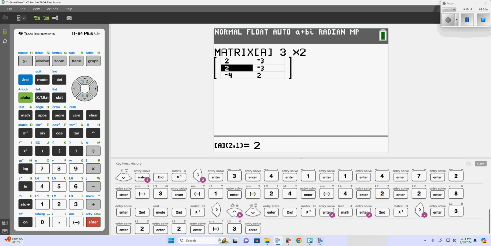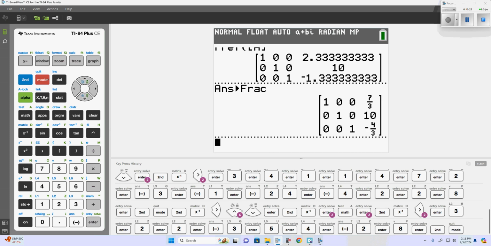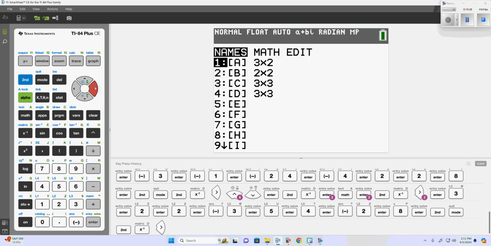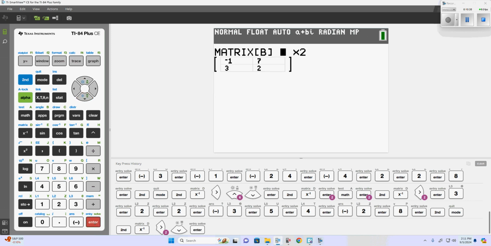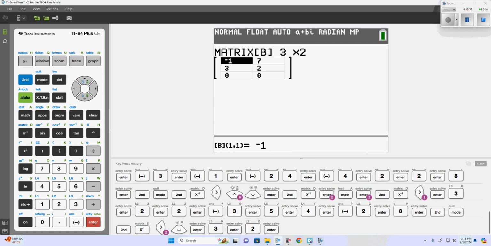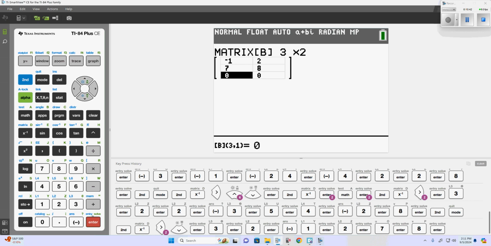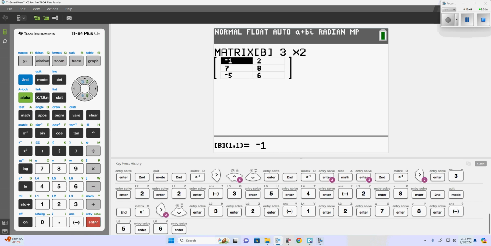So we'd say 2, -3, 5, 4, -2, 8. So I'd put the first matrix in matrix A. Then we would go to matrix B. So we'll go second quit, second matrix, over to edit, but this time we're going to drop down to matrix B. Hit enter. It's also a 3 by 2. -1, 2, 7, 8, -5, 6.